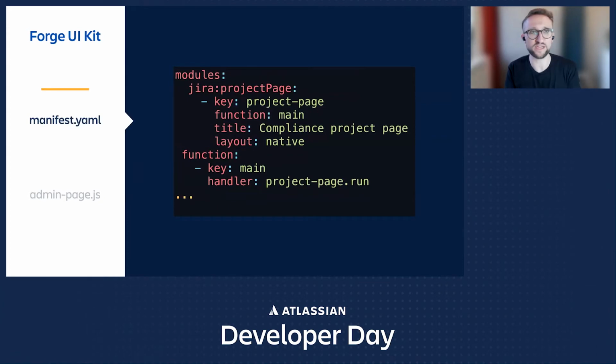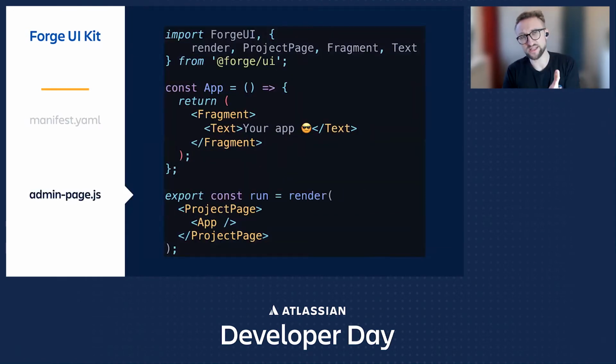But how to handle the project page and its context in ForgeUI Kit? Well, in ForgeUI Kit, same. We have the project page module, just as previously. In the ForgeUI Kit handler, this time we have to use the ProjectPage top-level component, and voila, I believe that you see a pattern here.